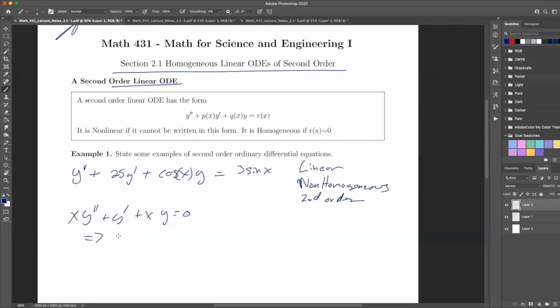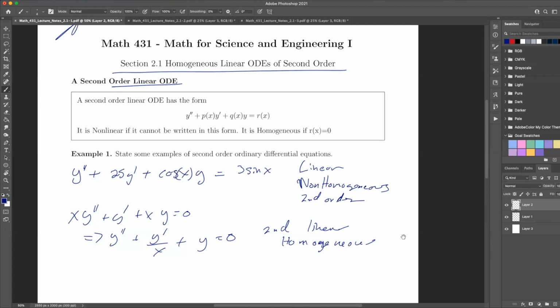So this is the same as y double prime plus y prime over x plus y, because we divide out the x, equal to 0. So this is second order, this is linear, and this is homogeneous. So sometimes you might need to do something to get it into this form.